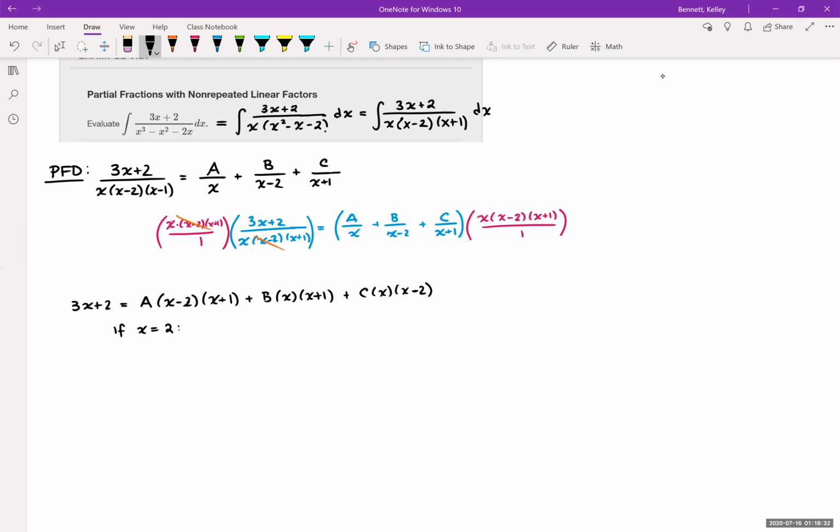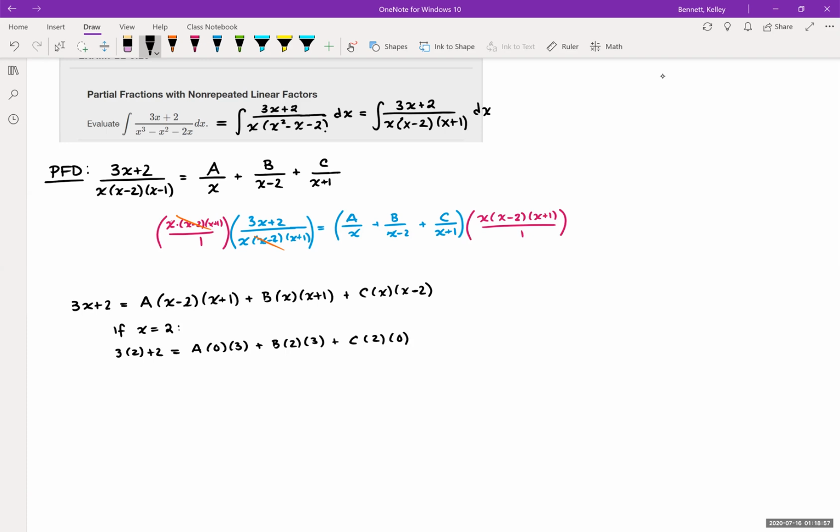Okay, so if x equals 2, then I would have 3 times 2 plus 2. So this is going to be a by 0 by 3. Again, I'm not going to write this out in full every time. I'm just making sure I'm super clear on what we're doing. So then b times 2 times 3 plus c times 2 times 0.